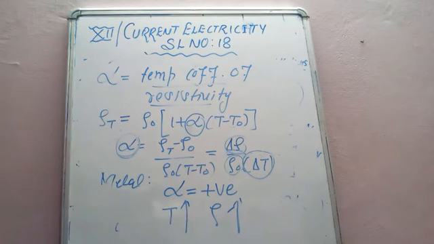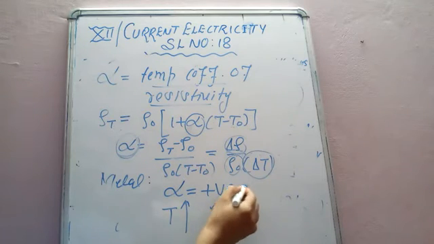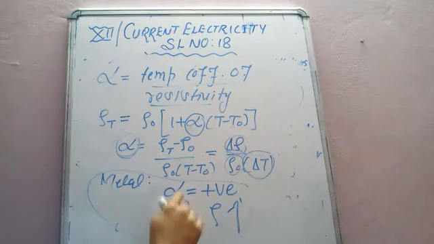It's a very important point. For metals, alpha is positive, meaning if temperature is increasing, there is a rise in the value of resistivity.